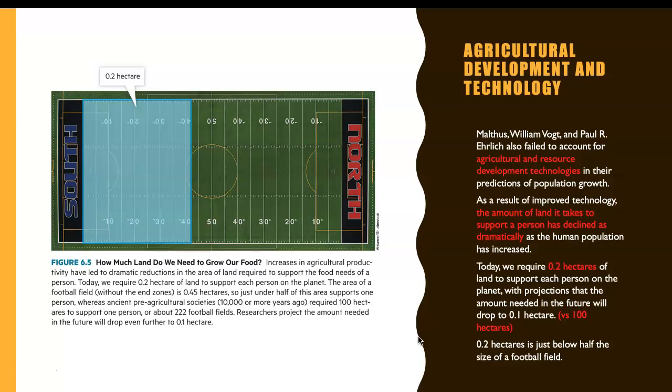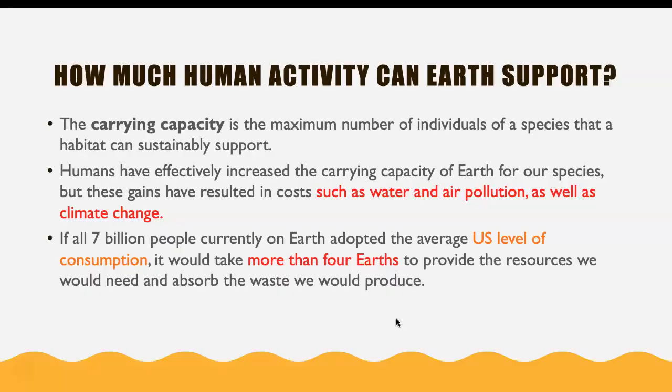So in ancient times, we needed 100 hectares to support one person. And nowadays, we only need 0.2 hectares. That's a 500-fold difference. And in the future, pretty soon, it will drop to 0.1 hectare. So how much human activity can Earth support?